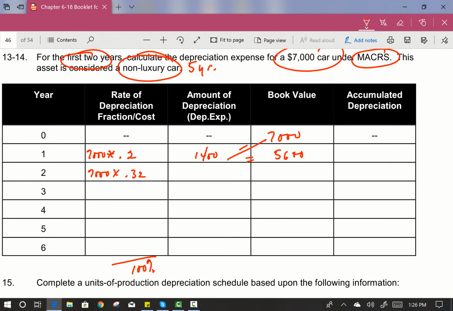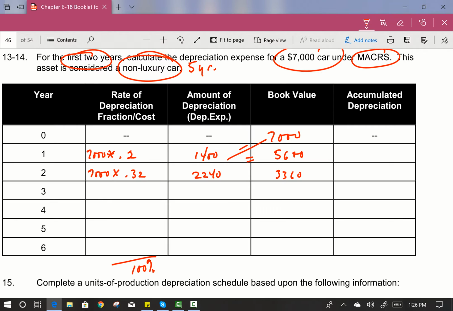Then for my second year, I take $7,000 times 32%. That equals $2,240. So I subtract 2,240 from 5,600, and that equals 3,360.